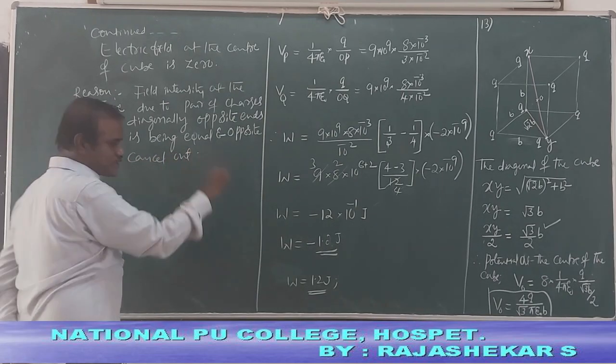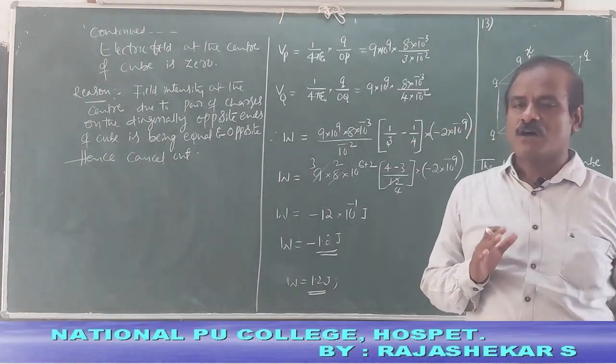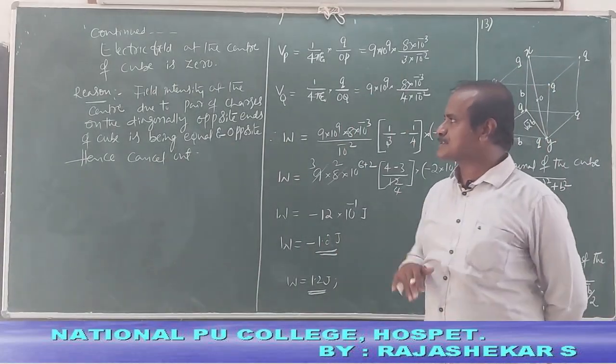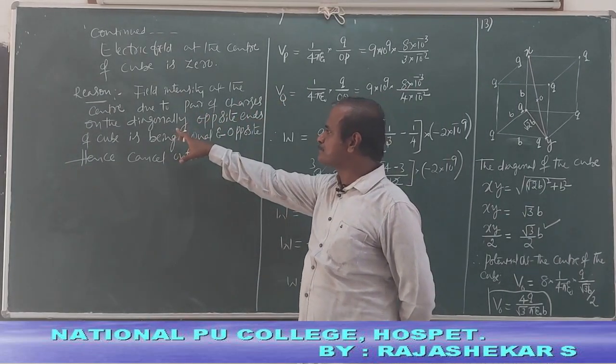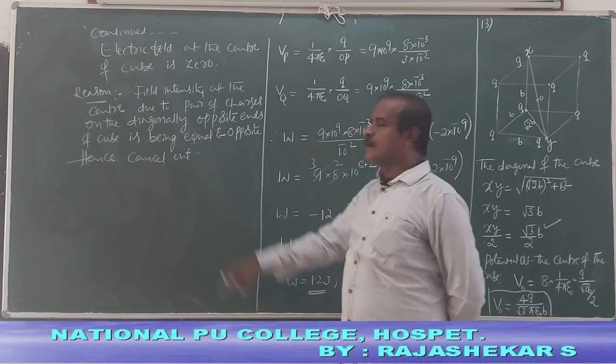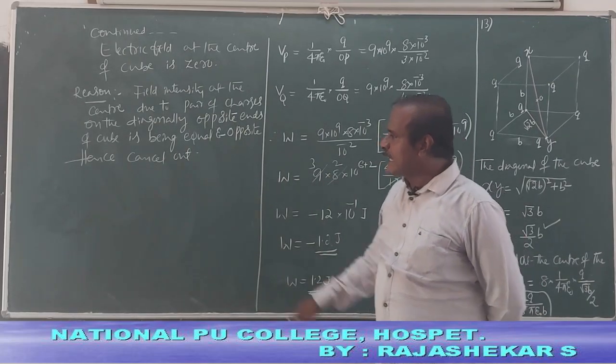And students, this is true for every such pair of charges which are on the diagonally opposite ends. Field intensity at the center due to pair of charges on the diagonally opposite ends of the cube is being equal and opposite, hence cancel out.